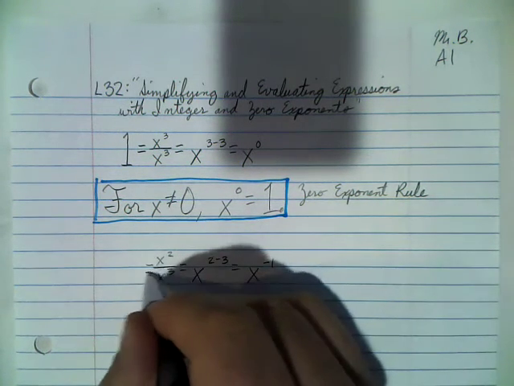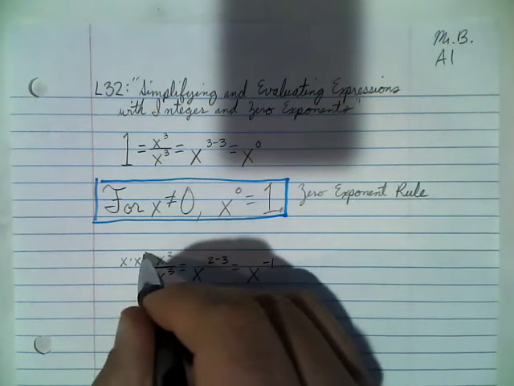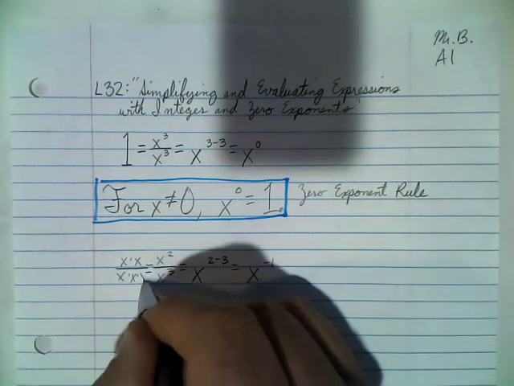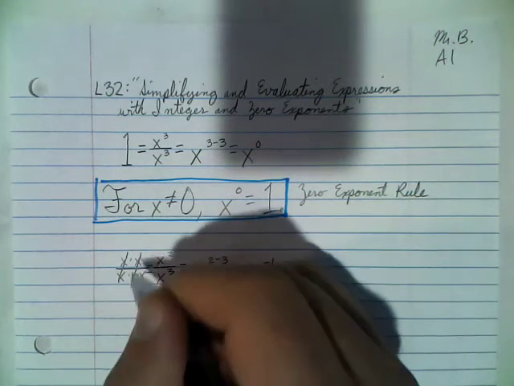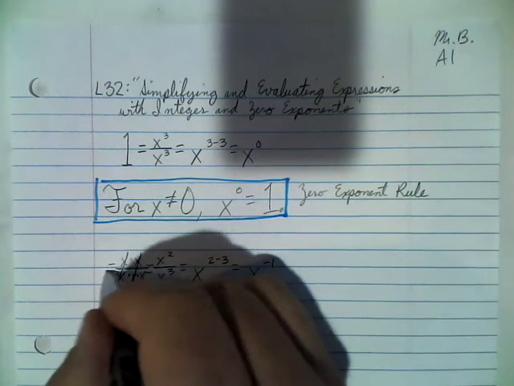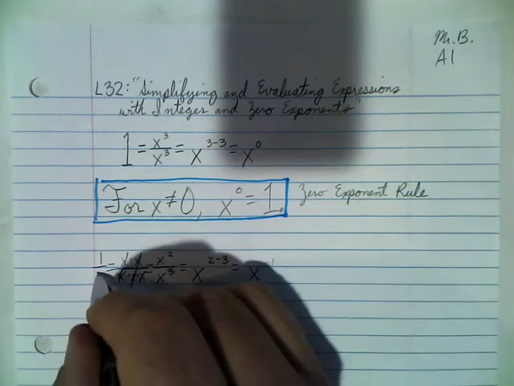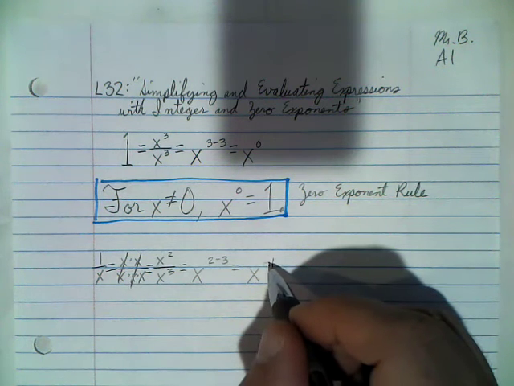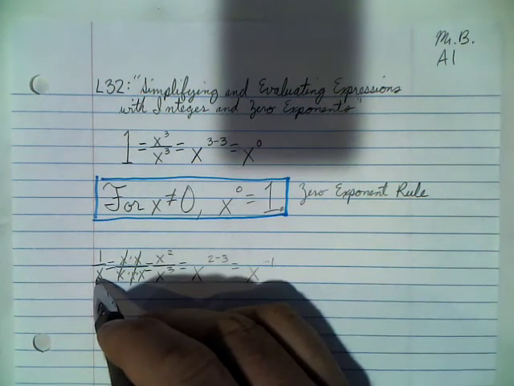But if I go a different direction with my thinking here, x squared really means x times x. X cubed means x times x times x. And so if I cancel out a pair of x's and cancel out a pair of x's, we can see that this is equal to only 1 left up there and x down there. So x to the power of negative 1 is really 1 over x.